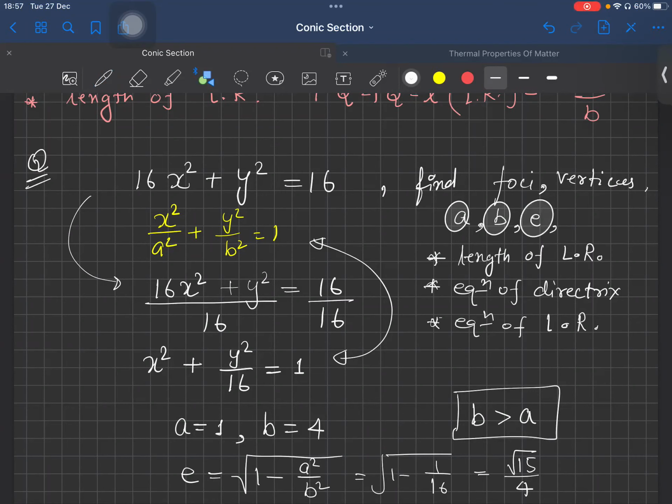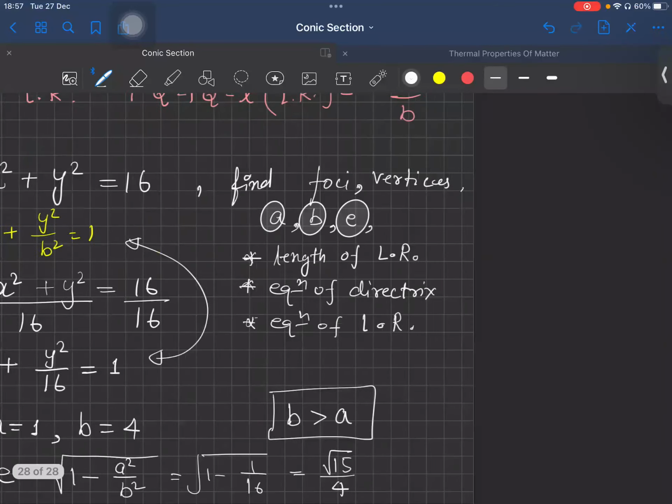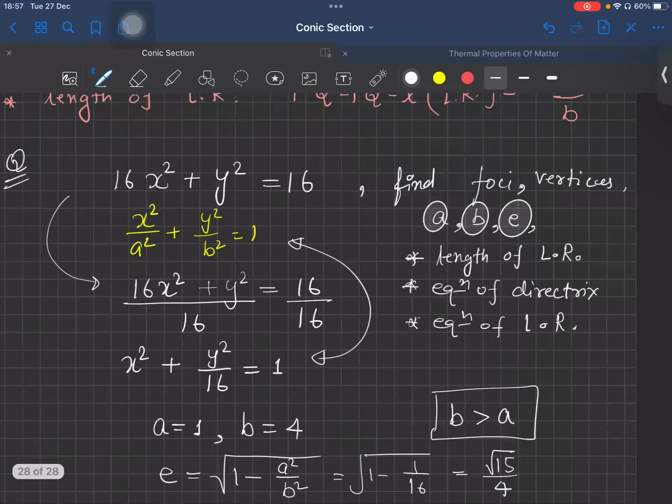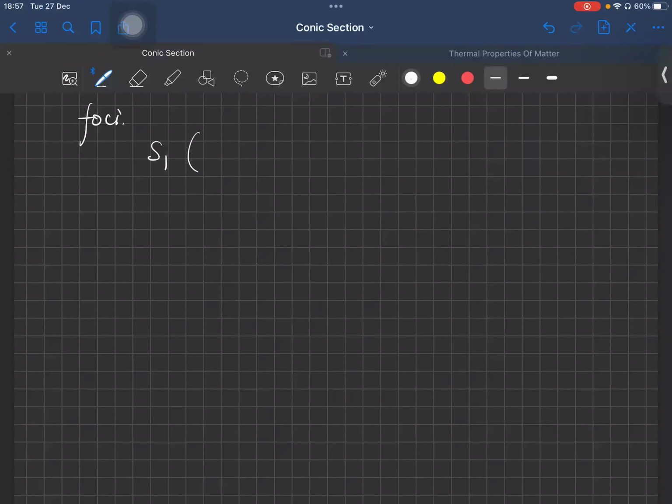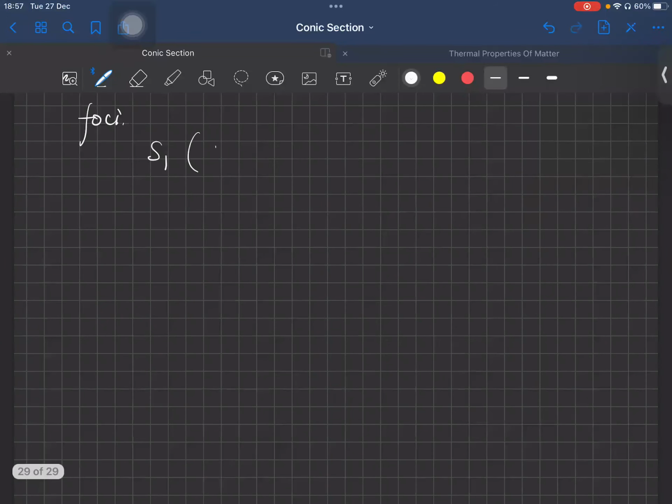Now foci, we need to find S1 and S2. How do you find S1 and S2? That means the focus. Let's say S1 is the focus. What are its coordinates? Here S1 is 0 comma be and S2 is 0 comma minus be. So how do you calculate be? b is 4 times root 15 upon 4.